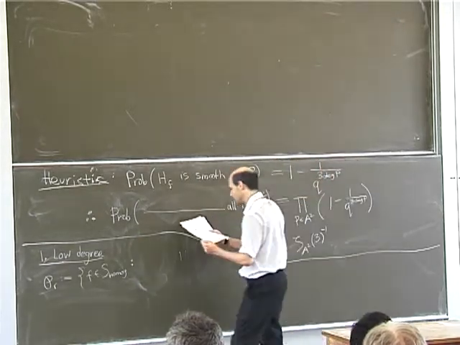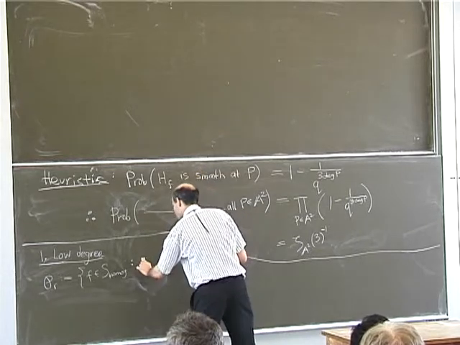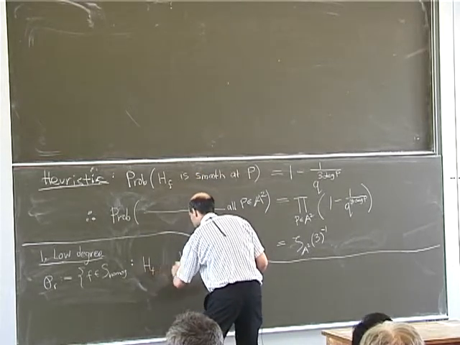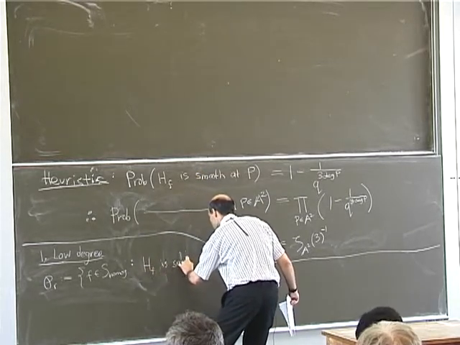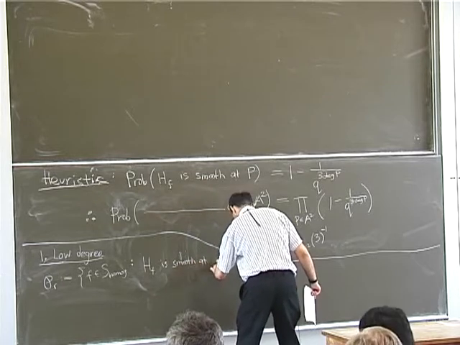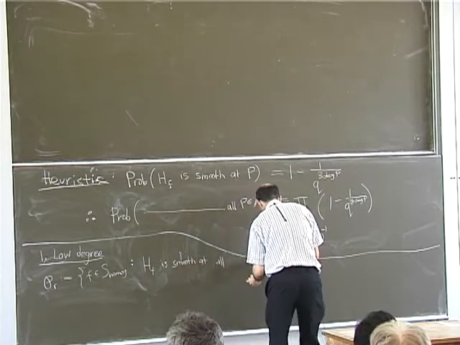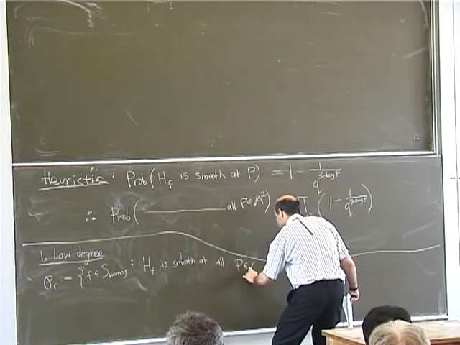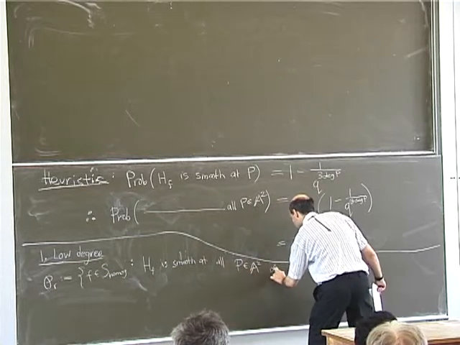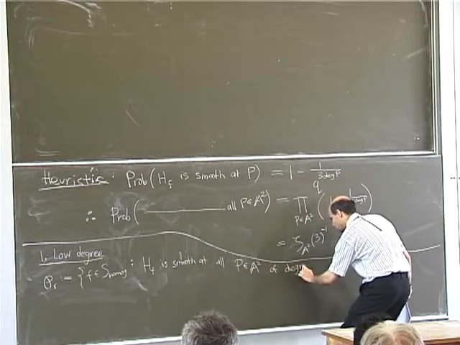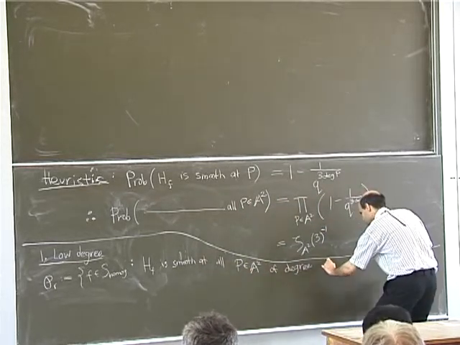So it'll be the set of F's such that H of F is smooth at all closed points P of degree less than or equal to R.